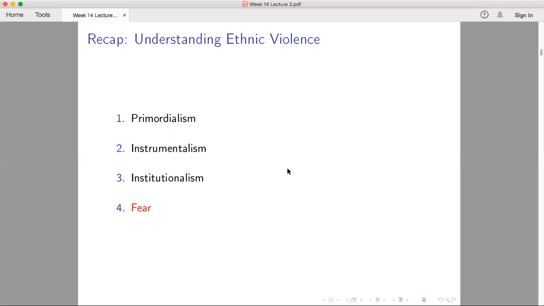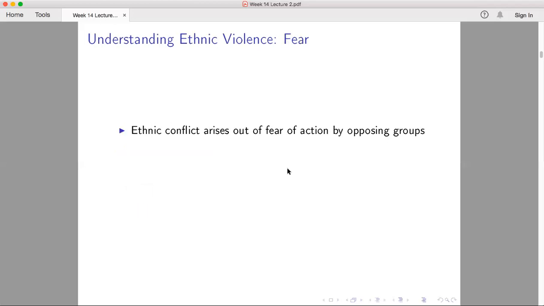We talked about fear a little bit when we were talking about Rwanda, but we're going to expound on that more in this class in particular. One of your pieces, I believe the Oberschall piece, really talked about what we call an ethnic security dilemma. So we're going to talk about that.